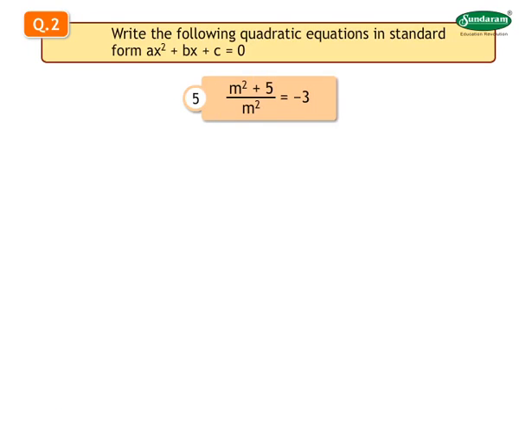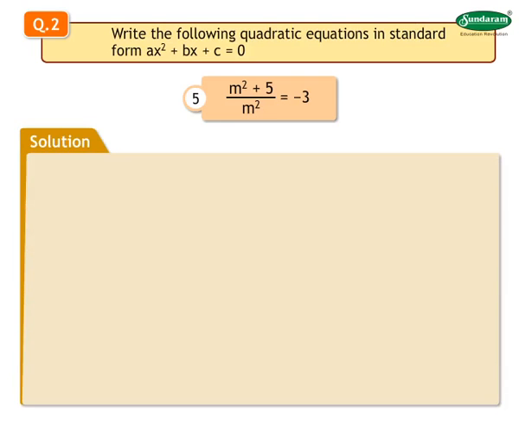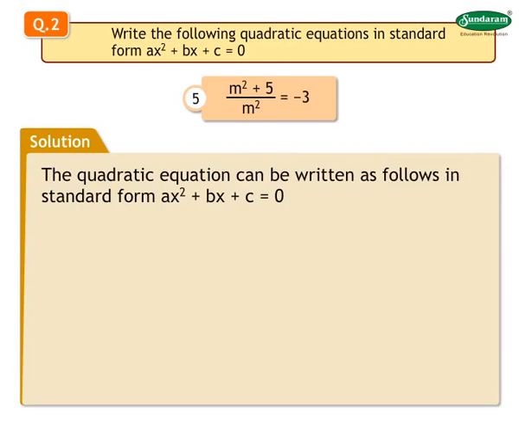Number 5. (m square plus 5) the whole upon m square is equal to minus 3. Solution. The quadratic equation can be written as follows in standard form: ax square plus bx plus c is equal to 0.